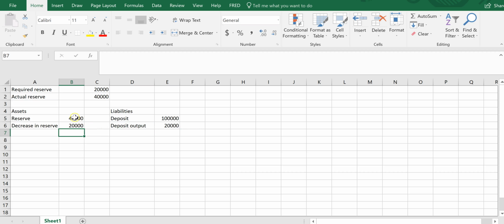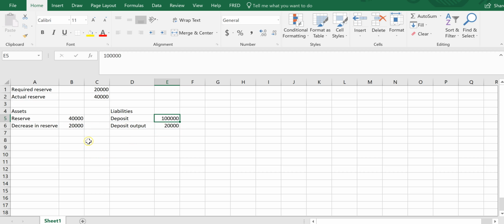Right now you see these two numbers do not match, and that's because there are other items on the balance sheet which I didn't list yet. But if you decrease the deposit by a certain amount, reserves also have to be decreased by that amount because the bank has to use the reserves to pay the consumers, to pay the depositors. And that's why these two numbers have to be the same.